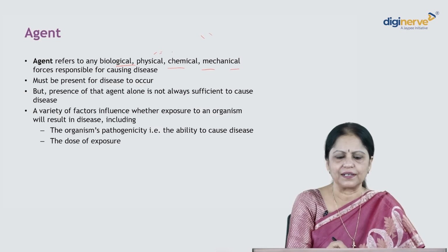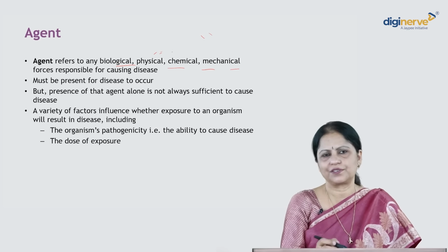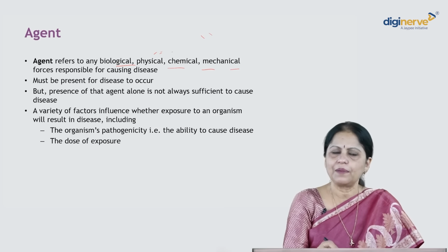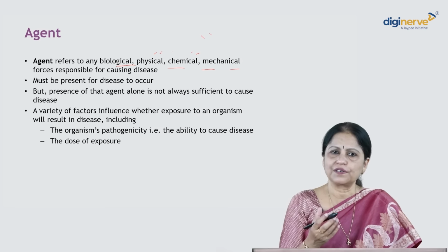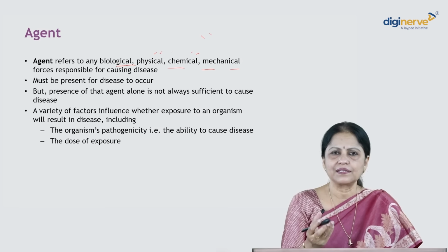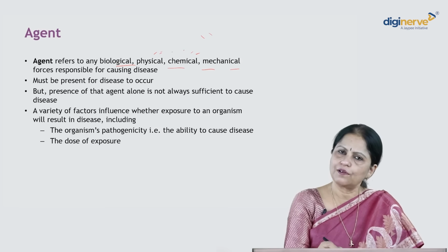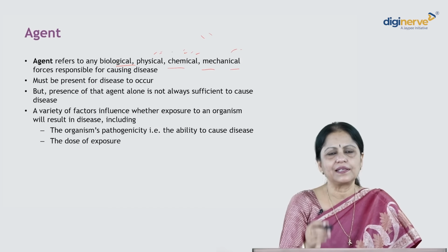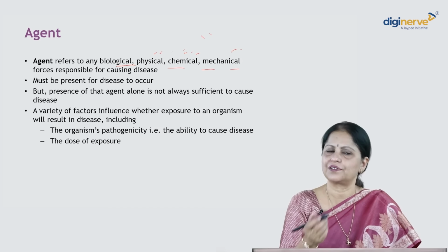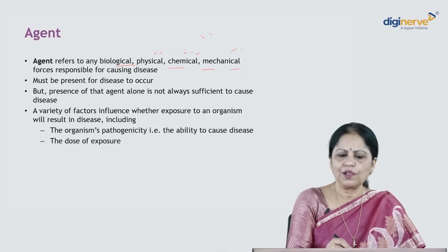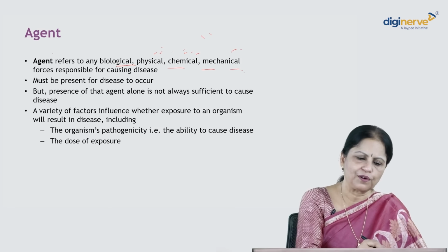Physical, like heat and cold, can also cause disease. Chemical, say fumes, toxic gases, acids or metals, can also cause disease. Mechanical, that is pressure, friction, etc., can also cause disease. So all these forces can be called agents.